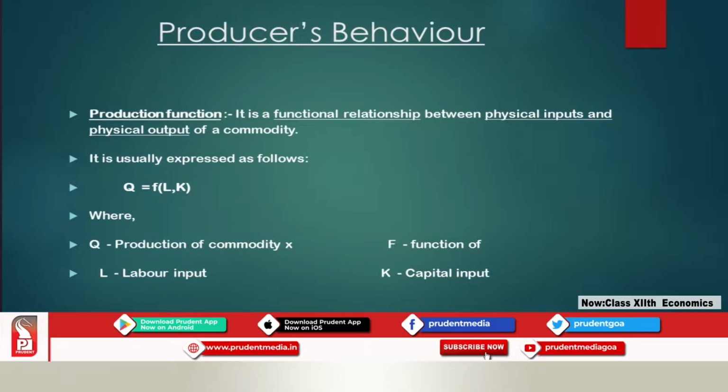We are not going to consider the cost involved, or how much money is involved in the inputs or outputs. We are going to consider, on one side, the physical input and, on the other side, the physical output that we will be getting. What do we mean by physical input or physical output?